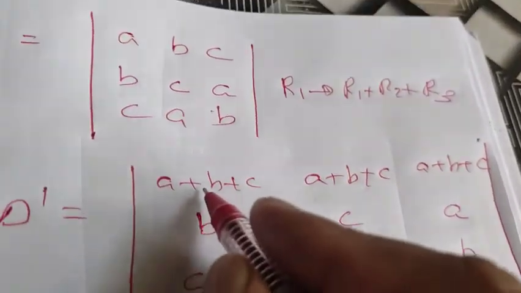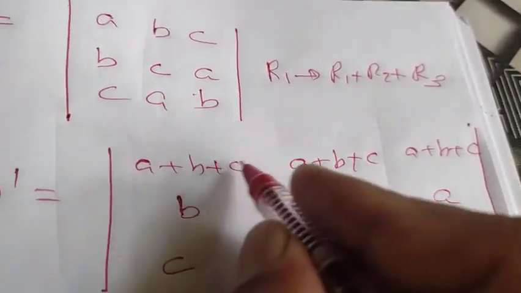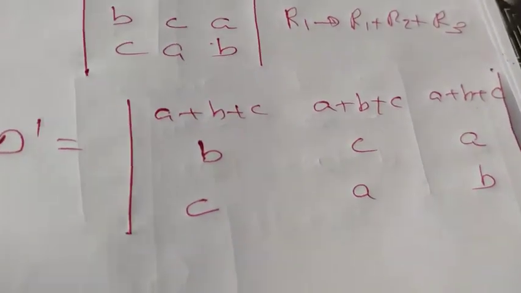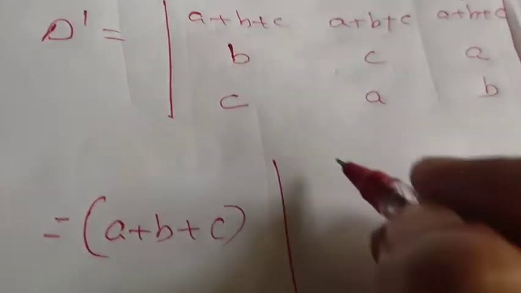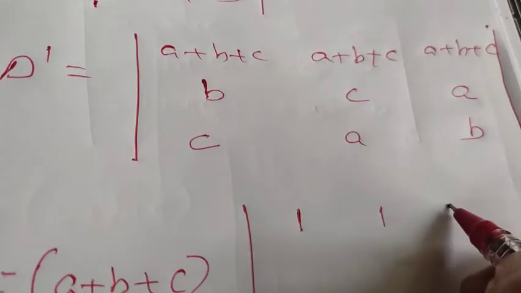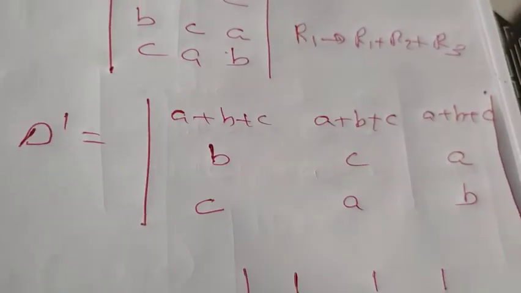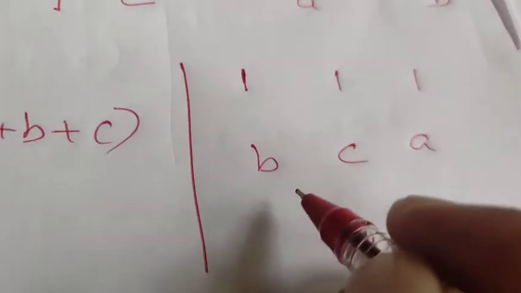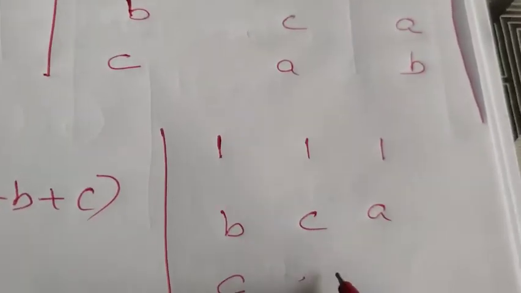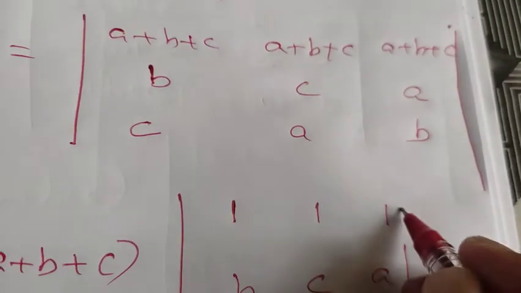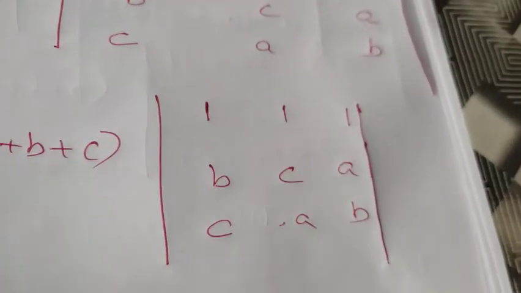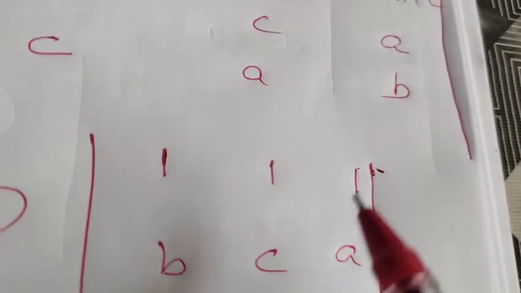Now the first row contains A plus B plus C, so we can take it outside. A plus B plus C into, inside we will get 1, 1, 1, B, C, A, C, A, B. This is our first step. Now we see these are all 1.